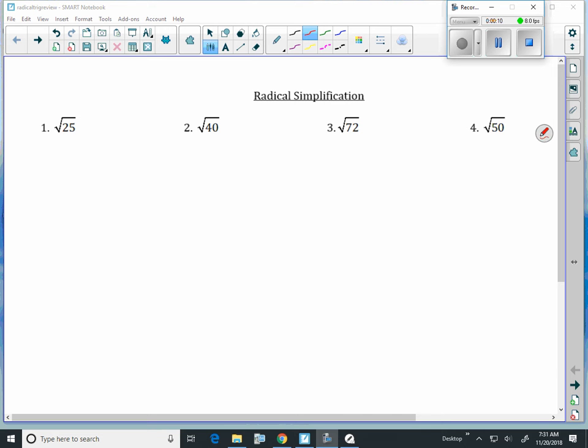Okay. So radical simplification is pretty easy. Do you guys remember the perfect squares? What are our perfect squares? 1, 4, 9, 16, 25.